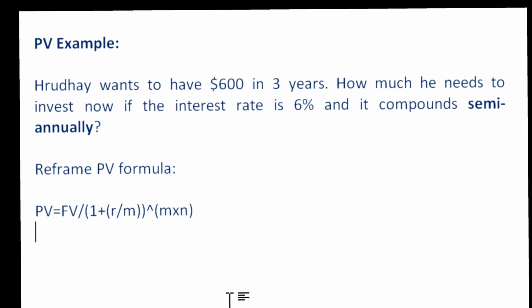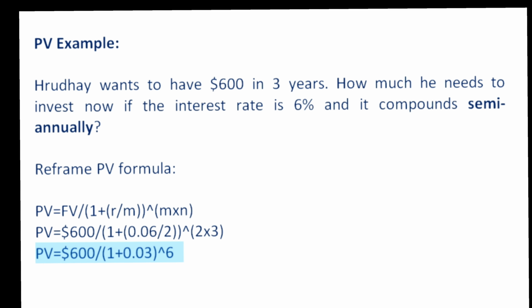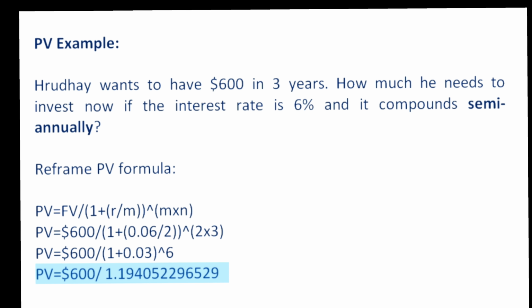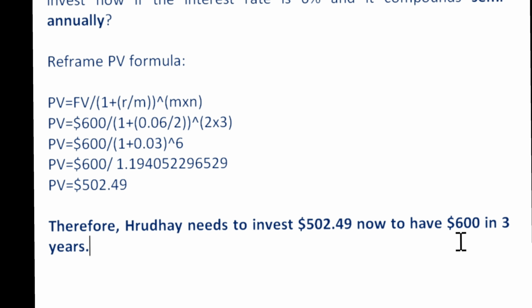Substitute 600 for FV, 0.06 for R, 2 for M, and 3 for N. Let's simplify the calculations step by step. And the outcome is $502.49. So, Hruday needs to invest $502.49 now to have $600 in 3 years.